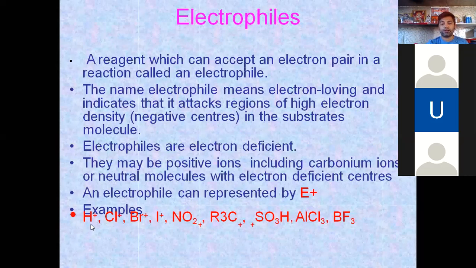These are the examples: hydrogen ions, chlorine cation, bromine cation, iodine cation, aluminum trichloride, boron trifluoride. These are some examples of electrophiles.